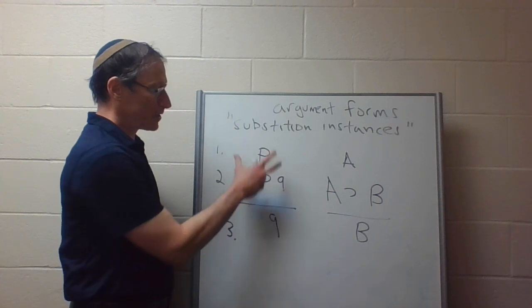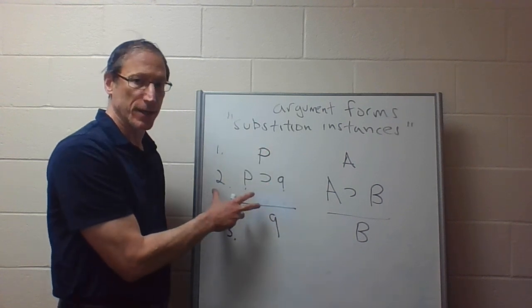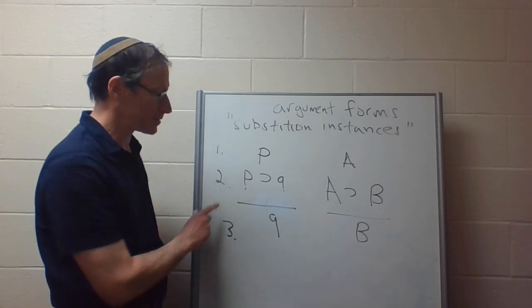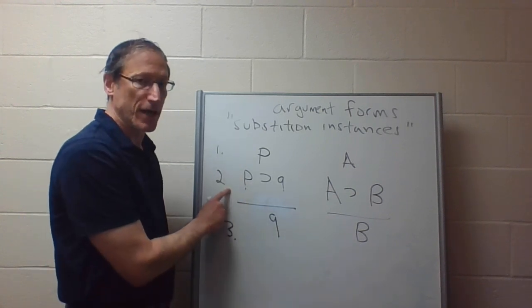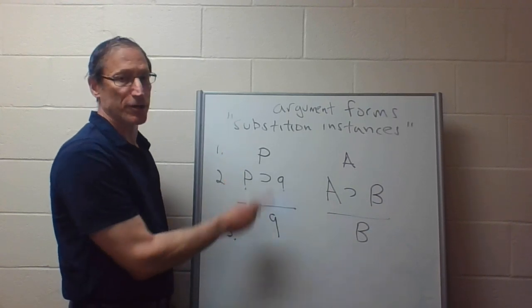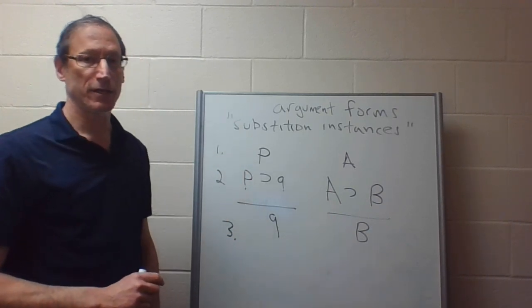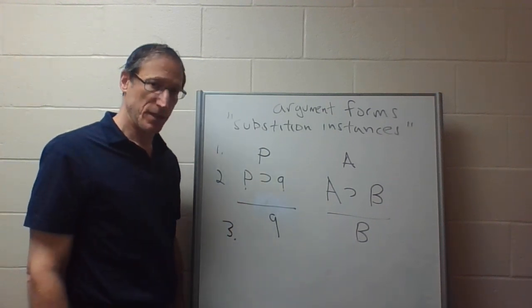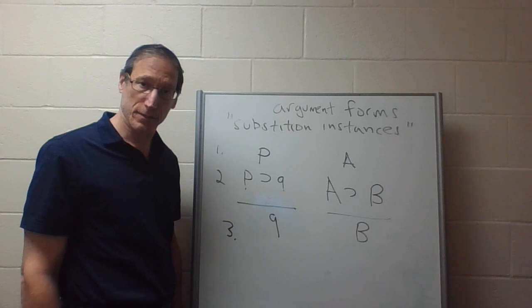and so I end up with a substitution instance of this argument form. Now, if this argument form is valid, which it is, you can do a truth table test for this. That means any argument in the universe which is a correct substitution instance of this argument form is also going to be valid, right?